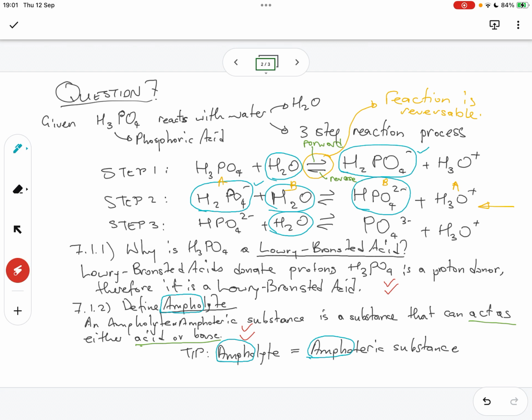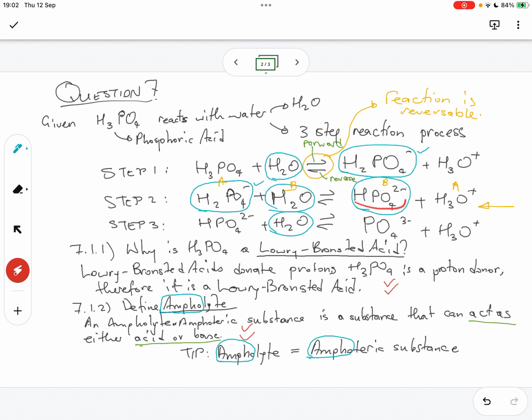Now again, we go back to step 2 and step 3. In step 2, we have this acting as an acid, reacting with water, acting as a base. And the result is this HPO4 2 minus and H3O plus, which my argument is in the reverse reaction, this should act as a base, whereas that acts as an acid because it's going to donate the proton so that we end up with this one.